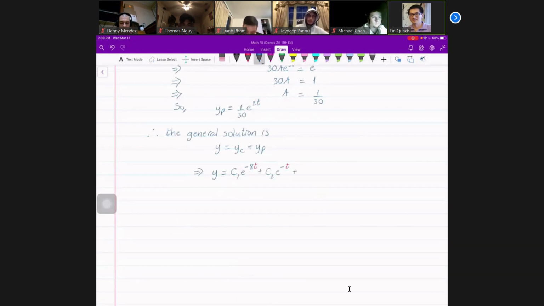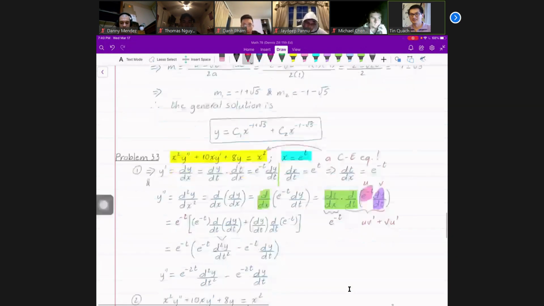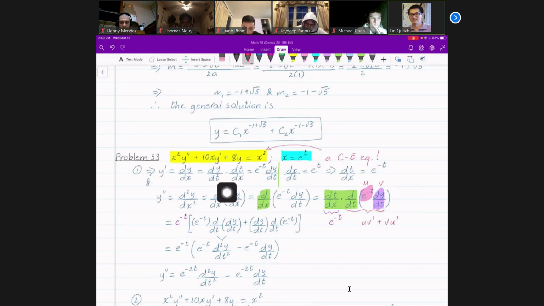y sub p is 1 over 30 e to the 2t, but we are not done because the original problem, you see how long if you show all the work, the original equation is x, right? The independent variable is x, so you have to change the t to the x. So right here, x is equal to e to the t.